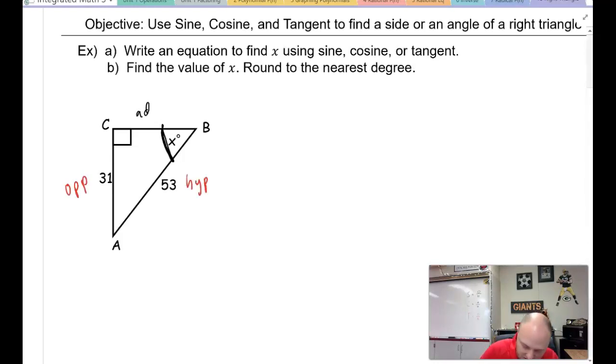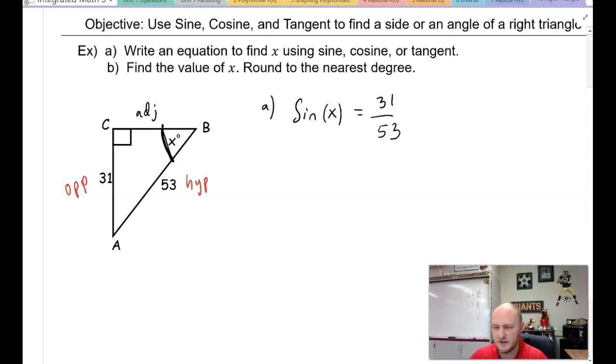Again, I don't have any information about the side adjacent, so I'm not going to use any trig function involving adjacent. So my equation, opposite over hypotenuse, that is sine. So here is part A. Sine of x is equal to, the side opposite is 31, the side that's hypotenuse is 53. So there's your equation to find it.